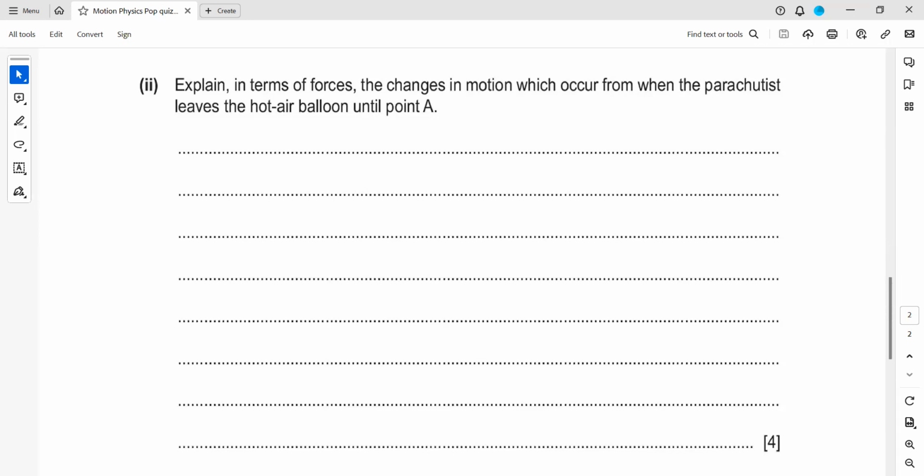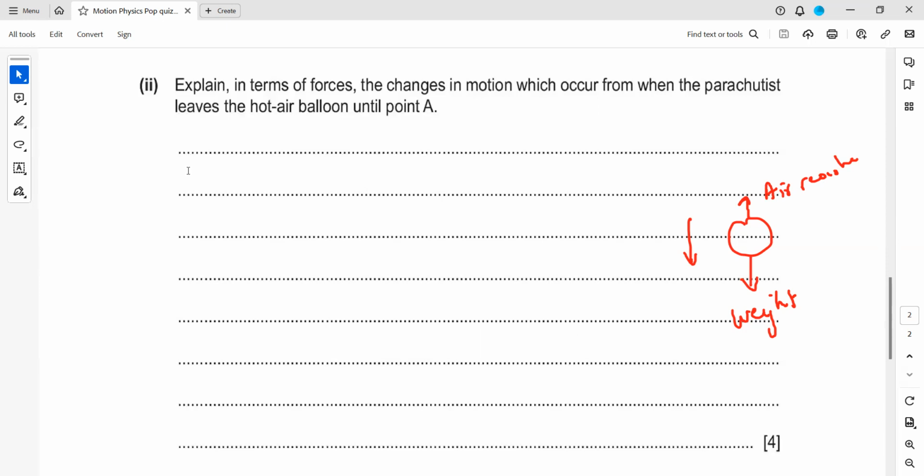Initially, the moment he jumps, the weight or the gravitational force is acting on him, and that weight will cause downward acceleration. Because he's accelerating downwards, the air resistance will increase. Eventually the air resistance will balance with the weight and he will have a constant or terminal velocity, with zero acceleration or no change in the speed.